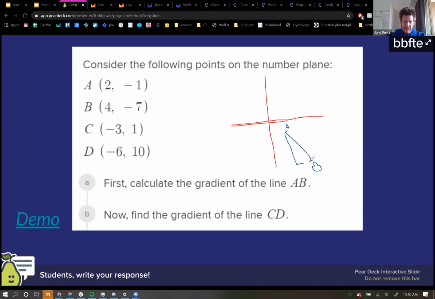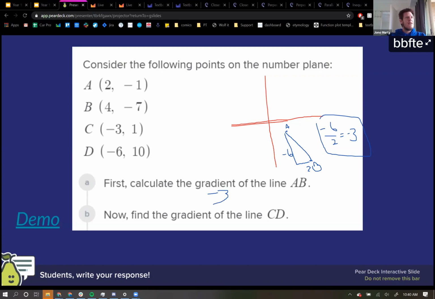I just draw the right angle triangle. I can see I've gone from 2 to 4, so I've gone across 2, and I've gone down -6. So I get a gradient of -3 for this one.